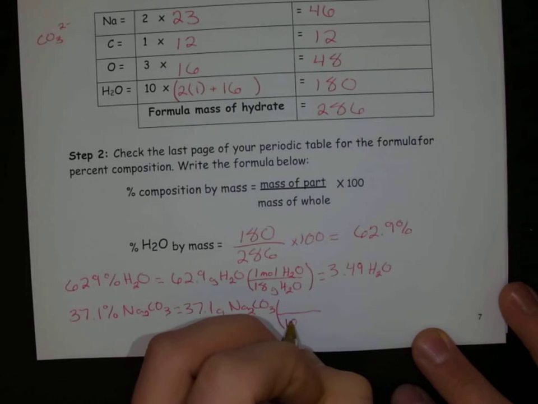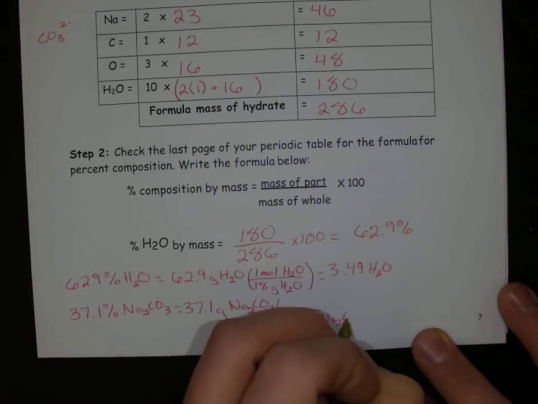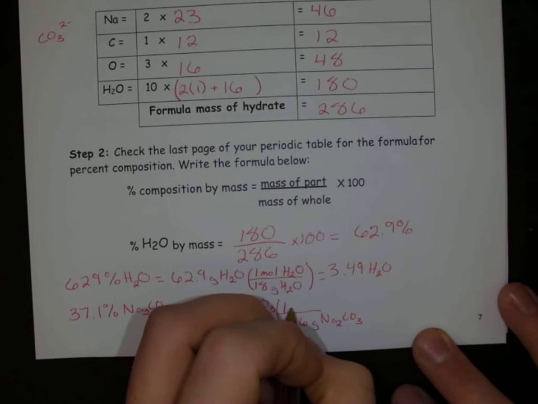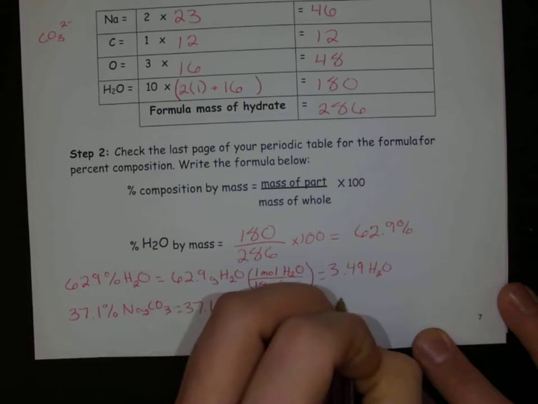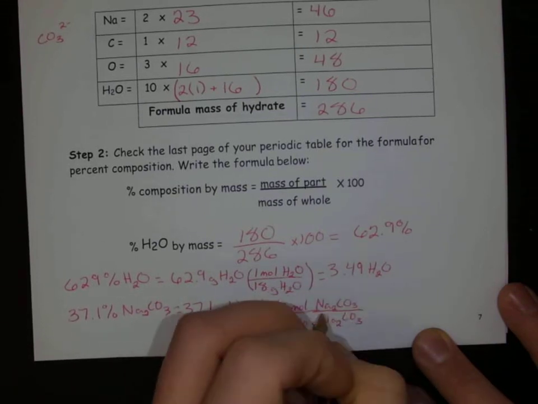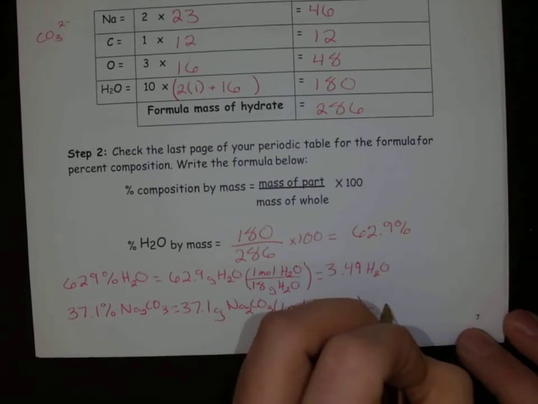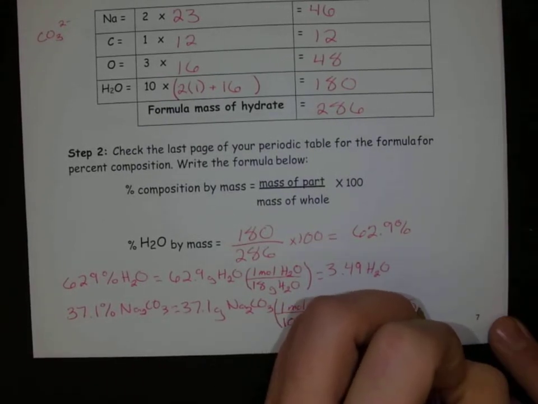I'm going to divide by 106 grams of sodium carbonate because my molar mass of sodium carbonate is 106. I can do 37.1 divided by 106, and that gives me 0.35 moles of sodium carbonate.